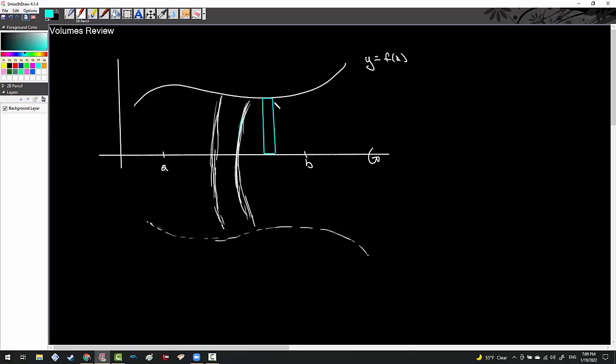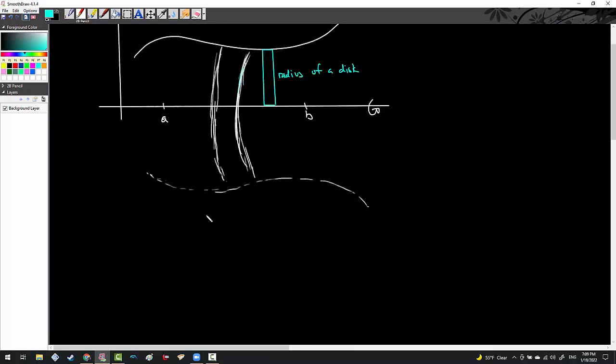And so what this blue rectangle represents is what we call the radius of a disk. The reason that's important is because when I rotate and spin a rectangle around, I get a cylinder.